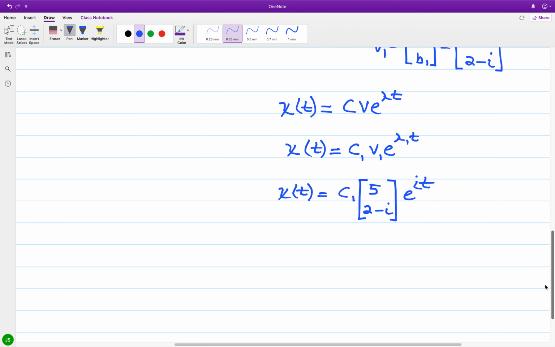And just to show you the direction we are heading, remember going back to the Euler identity, e to the it is equal to the cosine of t plus i sine of t.